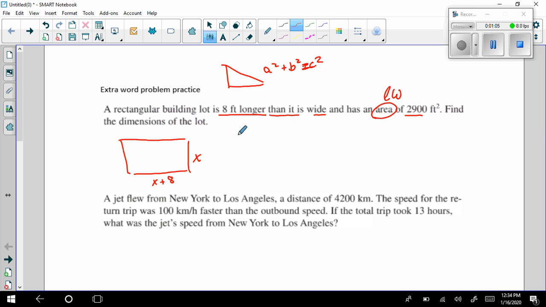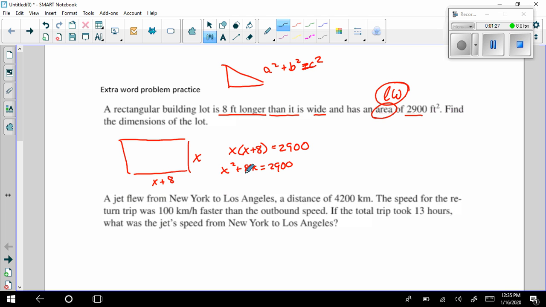So length times width is area. I'm going to take x times x plus 8 and set that equal to 2900. So x squared plus 8x equals 2900. This one is great for completing the square.